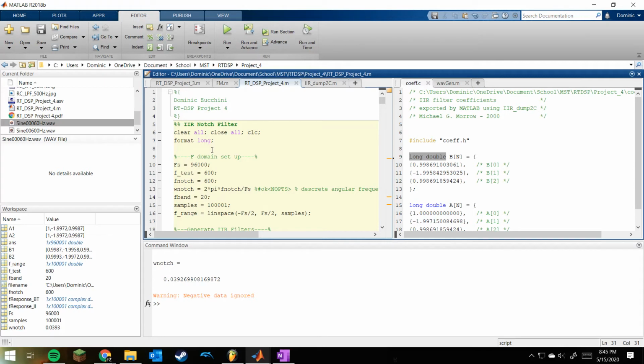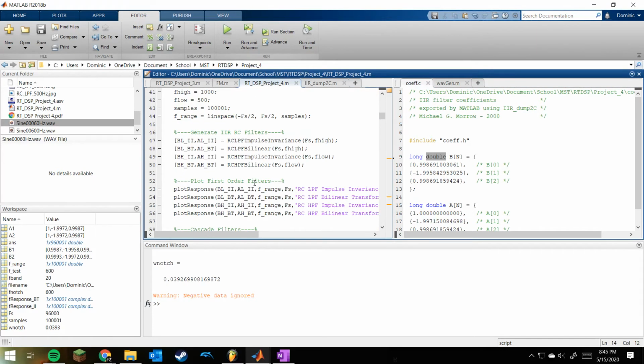Since in Code Composer, it's using single precision floating point numbers by default, it doesn't perform as well, but if you change the coefficients to be double precision floating point numbers, you essentially go from a 32-bit floating point number to a 64-bit floating point number. So it's pretty good.